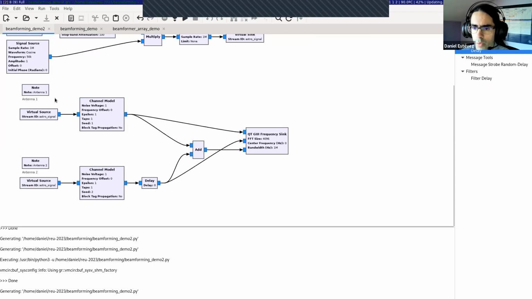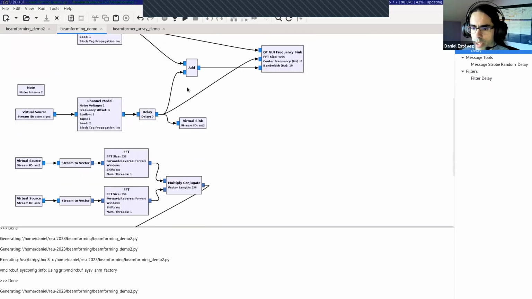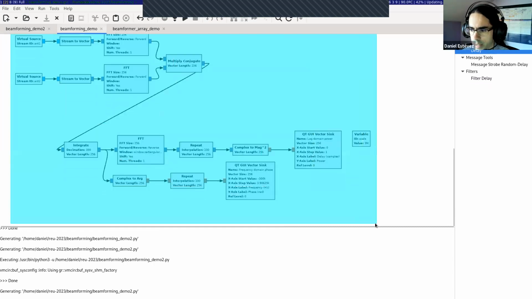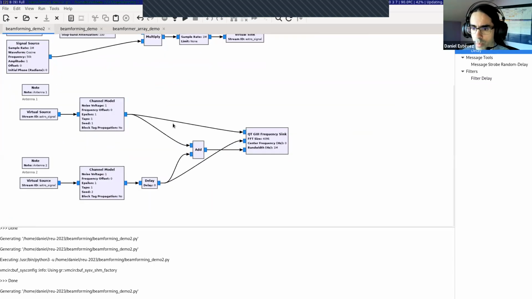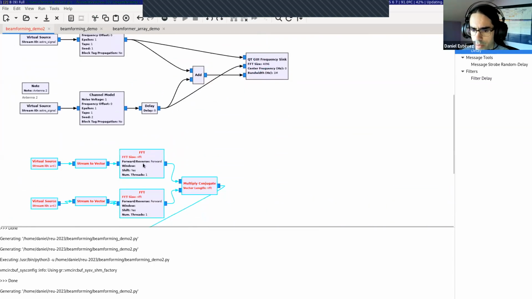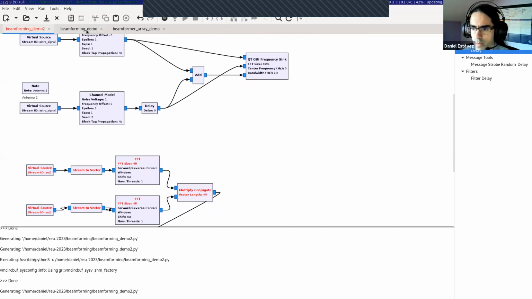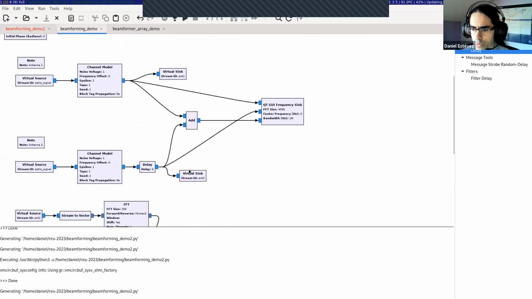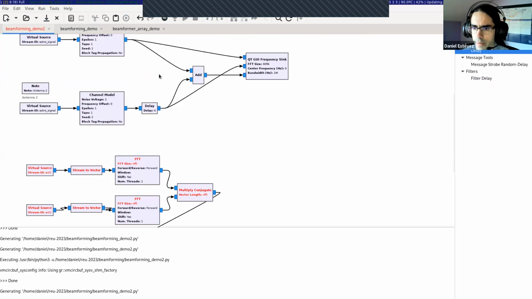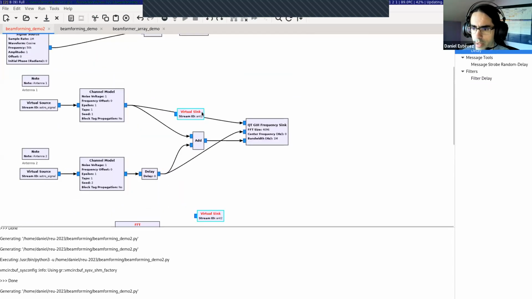So how can we measure the phase difference between these two signals and the delay difference? The idea is to use something which is called a correlation, and I'm going to copy all of these and explain, because this is quite similar to what we've been doing to plot spectrums with the fast Fourier transform.